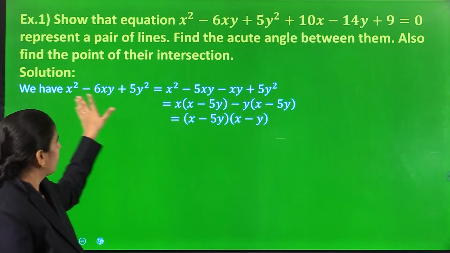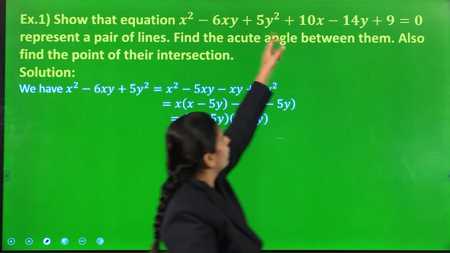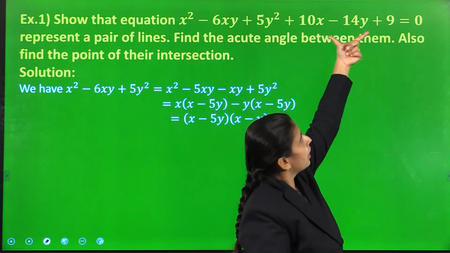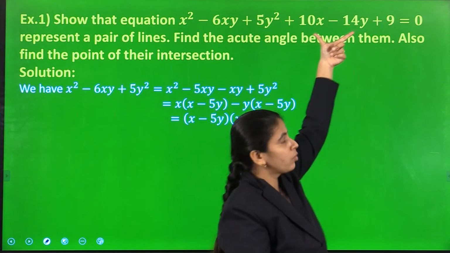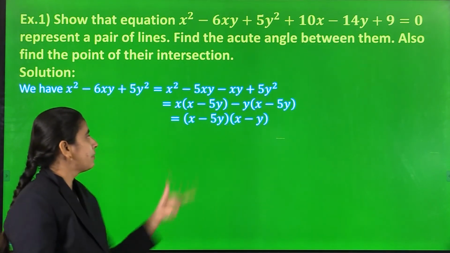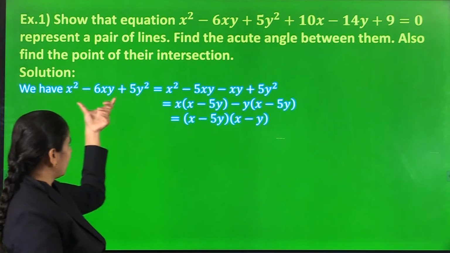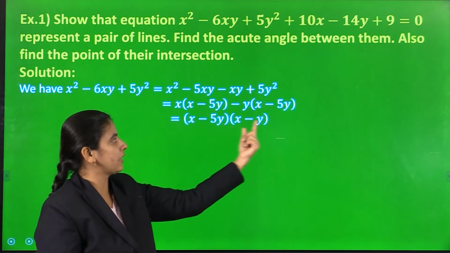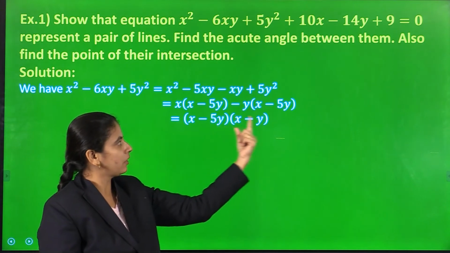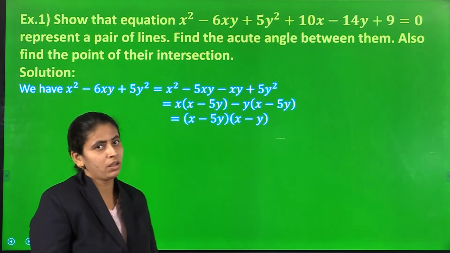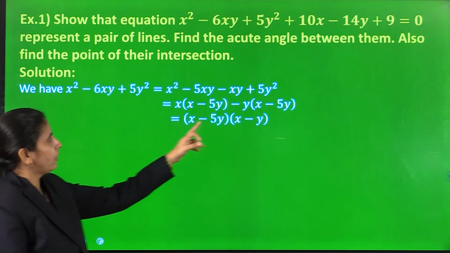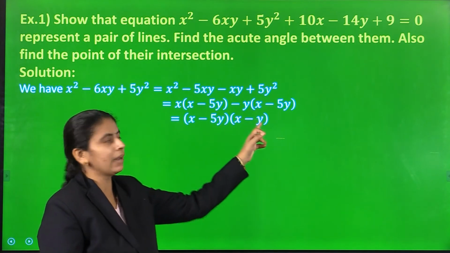Okay, but in the given equation there are some extra terms along with these three terms. So in these factors of the first three terms we have to add something in the first factor as well as in the second factor. We treat those constants as c and k.